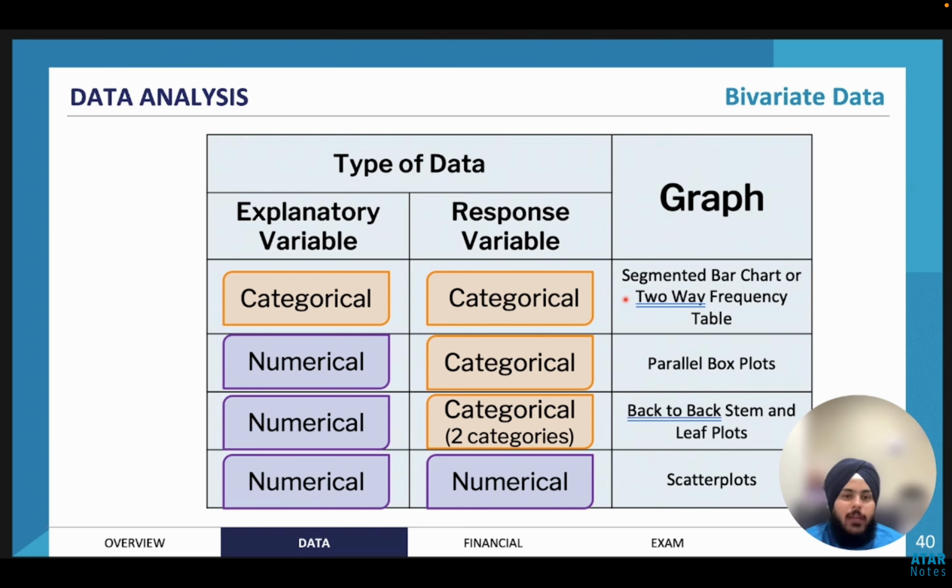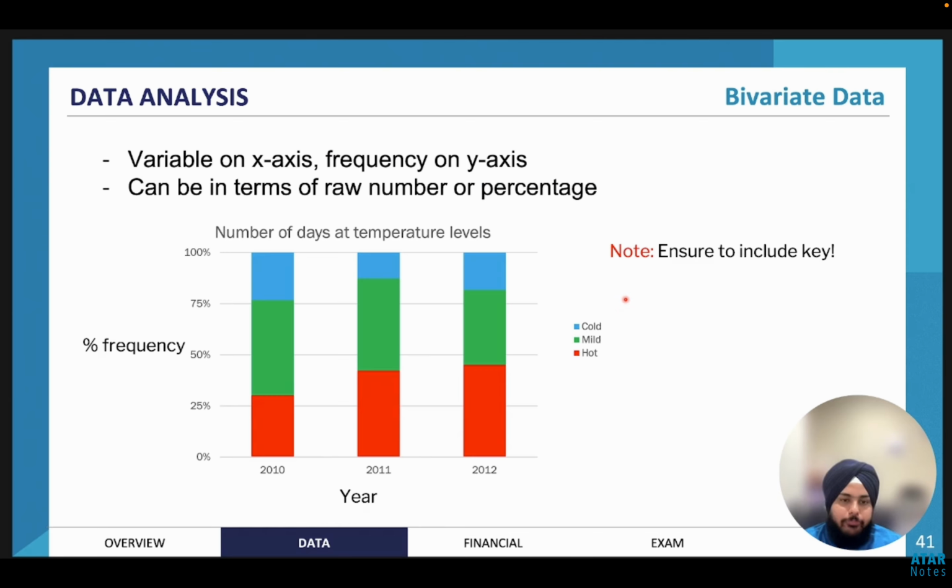Okay, so let's just quickly look at how these graphs actually look and how we can interpret them. So in terms of percentage segmented bar charts, they usually have the explanatory variable on the x-axis. And the frequency, again, will be on the y-axis.